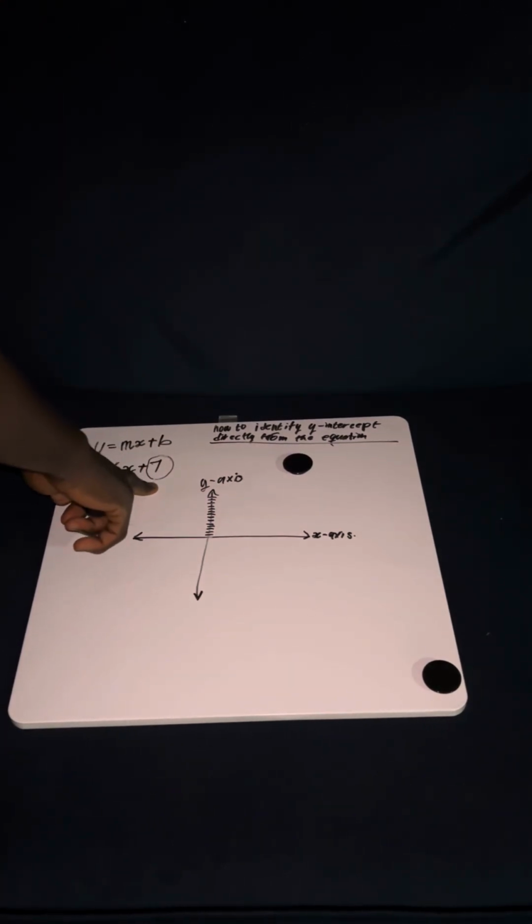So we now have to explain the reason why the y-intercept is always the starting point. To determine that, you always take this y-intercept value and plot it on the y-axis. So this is positive 7.